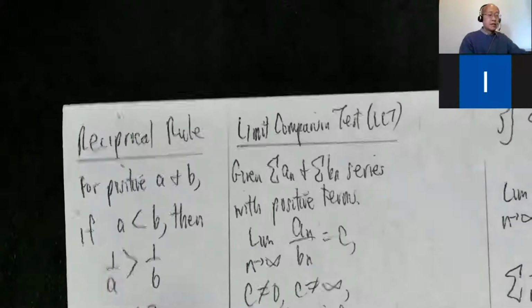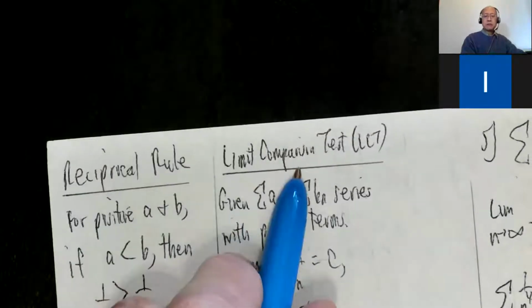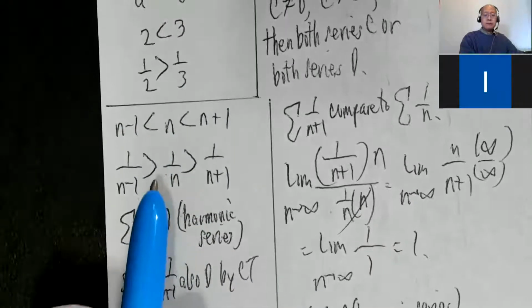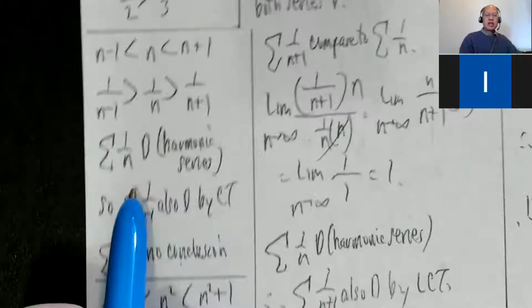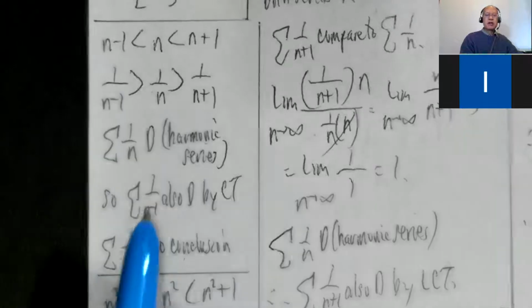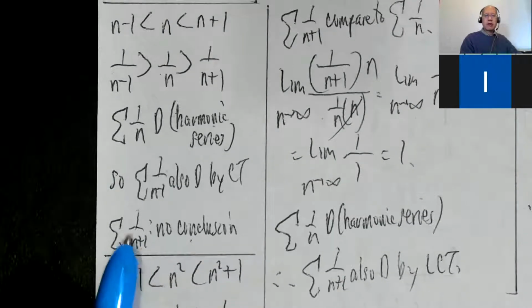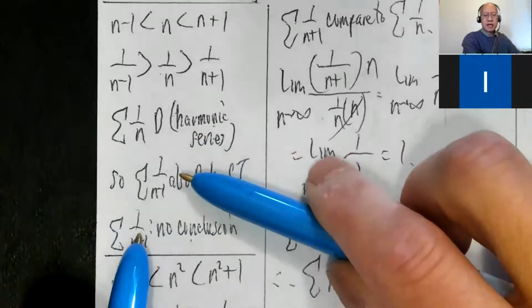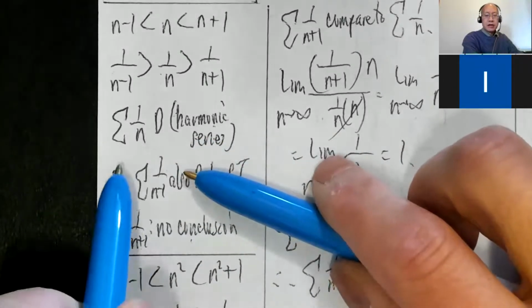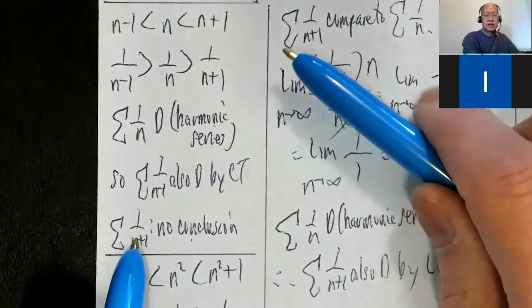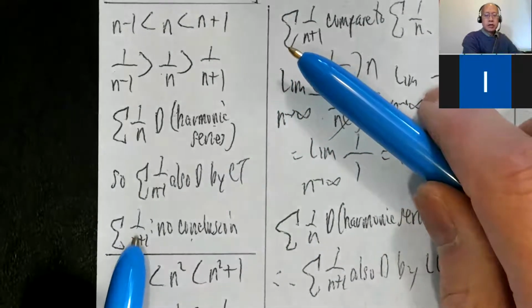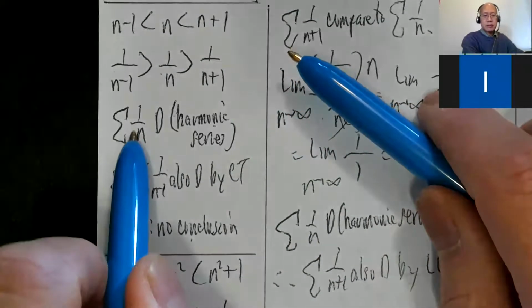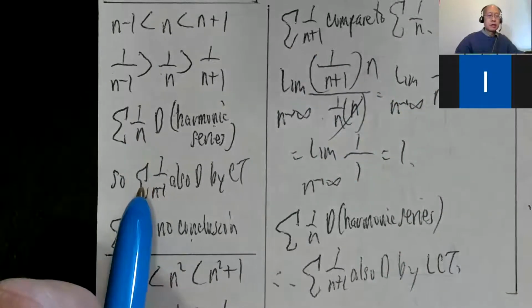Now, limit comparison test. When I had this, I could say that 1/(n minus 1) diverges but I couldn't say anything about 1/(n plus 1). Still, you look at this and say they all behave somewhat the same, right? It feels like this series still ought to diverge because its nature is very similar to the harmonic series.